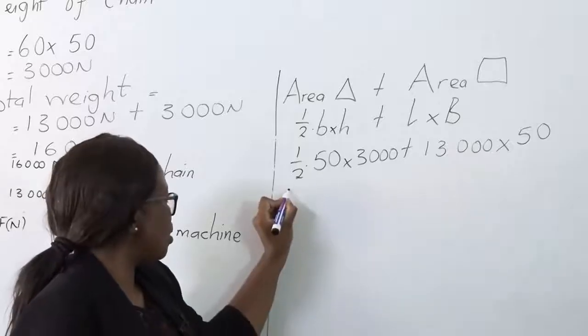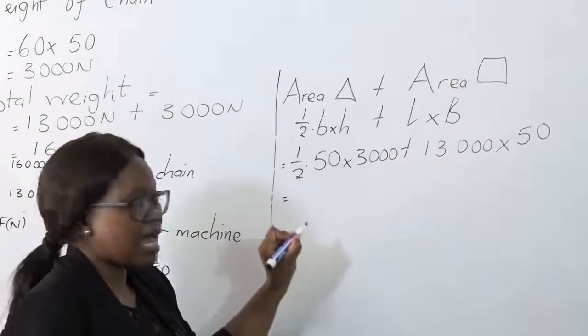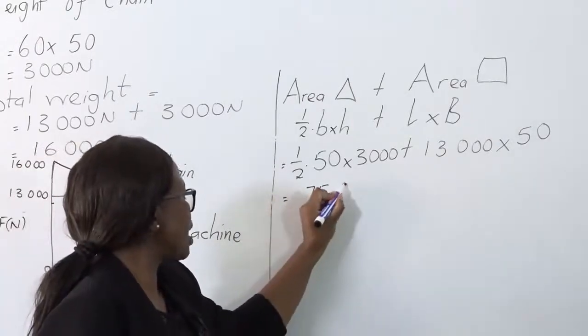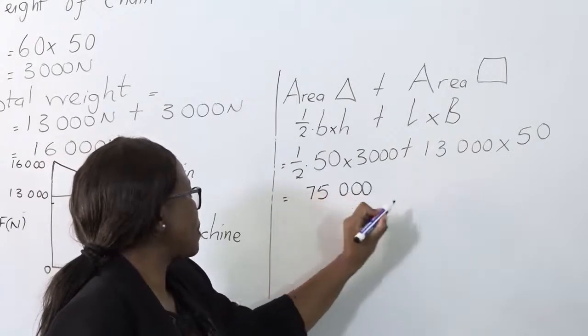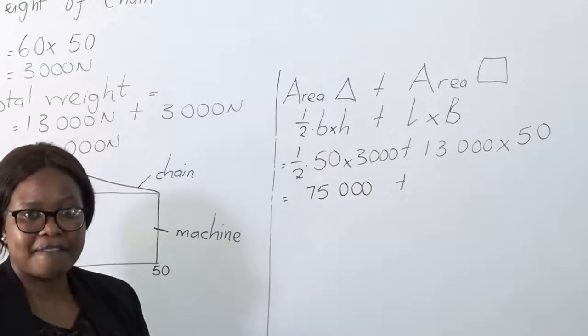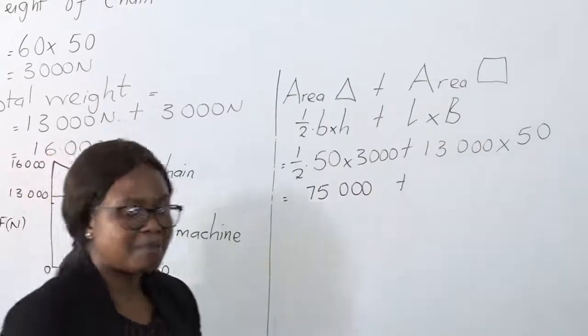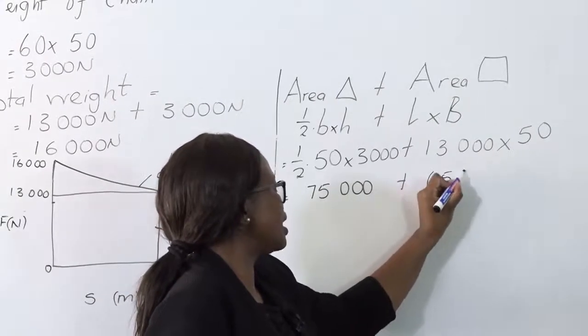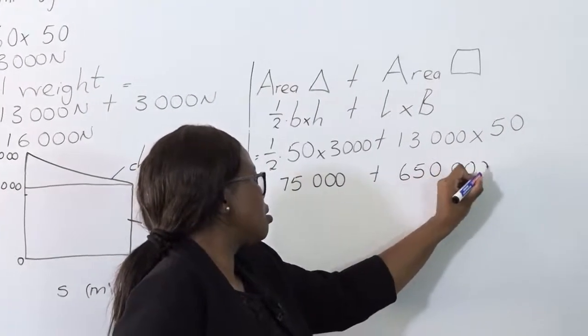Then our answer on the first one, on the area of a triangle, we are going to get 75,000. Right? Plus 13,000 times 50. 13,000 times 50, we are going to get 650,000.